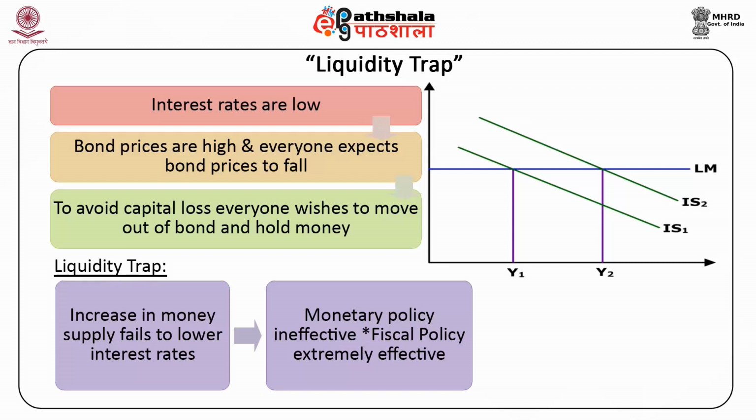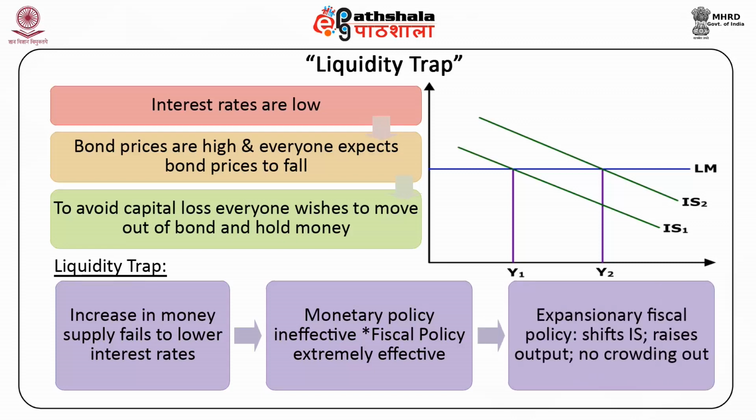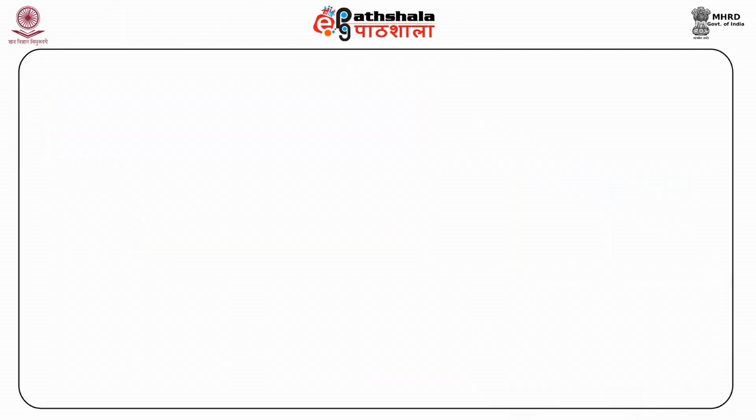However, fiscal policy is extremely effective in this case. Expansionary fiscal policy shifts the IS curve from IS1 to IS2 and raises output from Y1 to Y2, and there is no crowding out as the interest rate does not increase since people do not make portfolio changes.